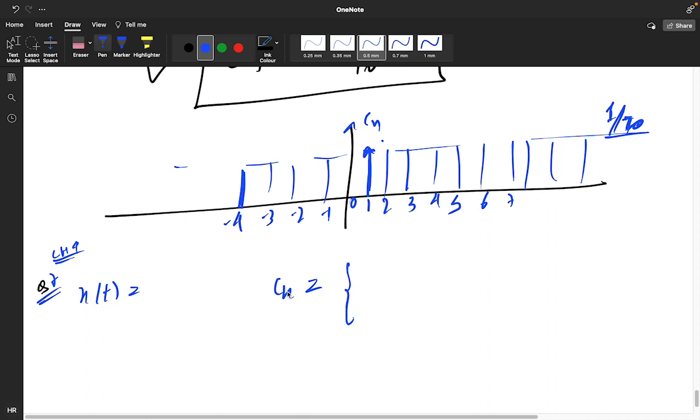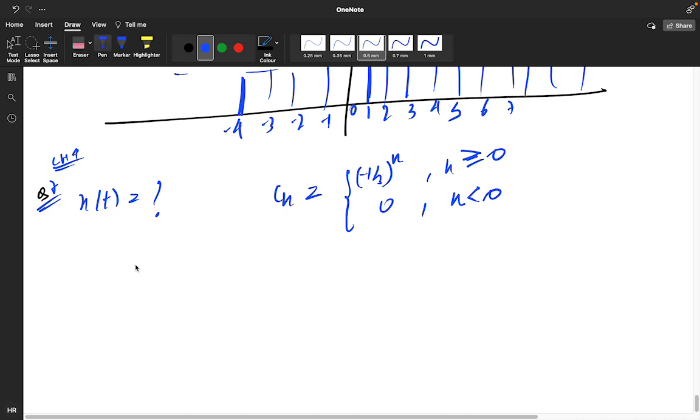They didn't mention c of n, they mentioned ck, minus 1 by 3 to the power k for k greater than or equal to 0, and 0 for k less than 0. You need to find the value of x of t. Okay, this is the question.